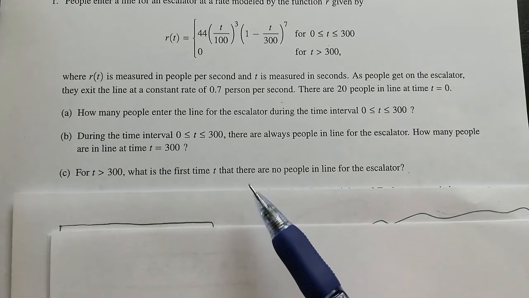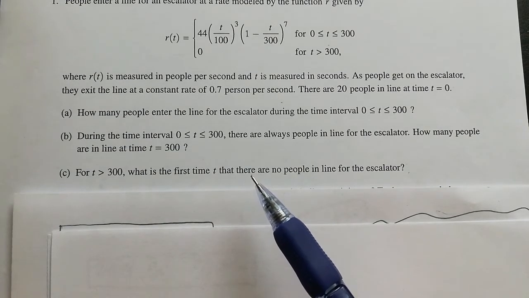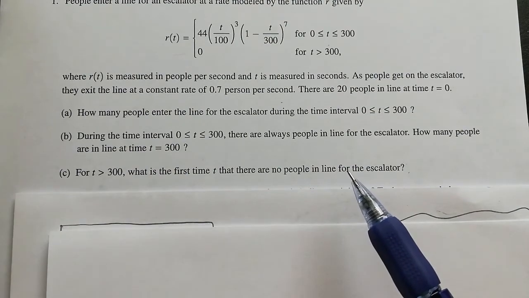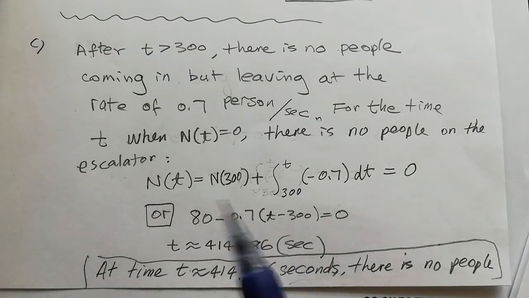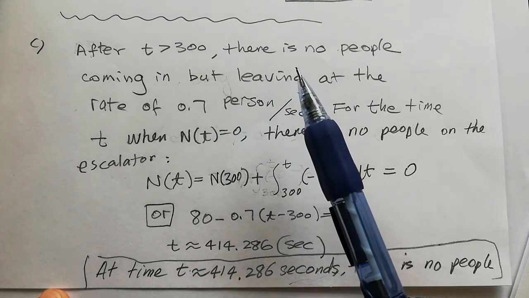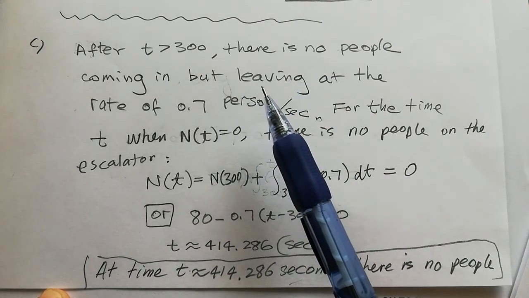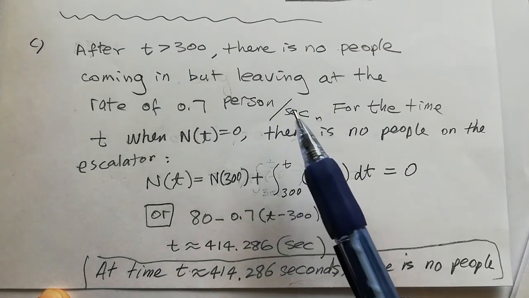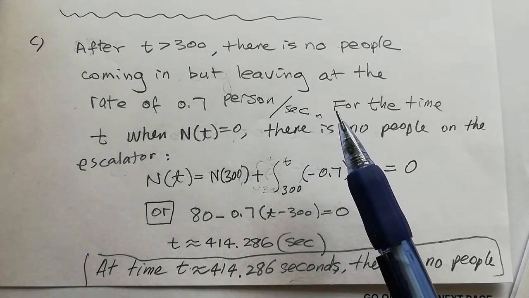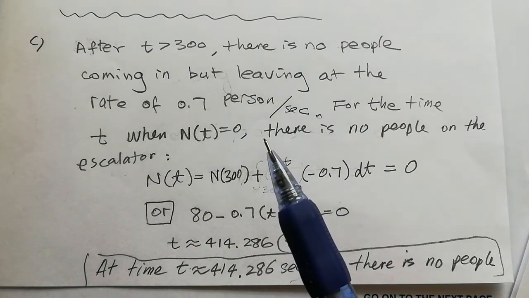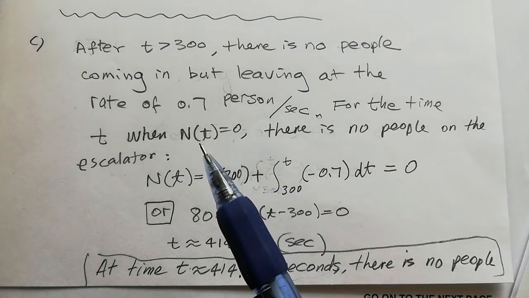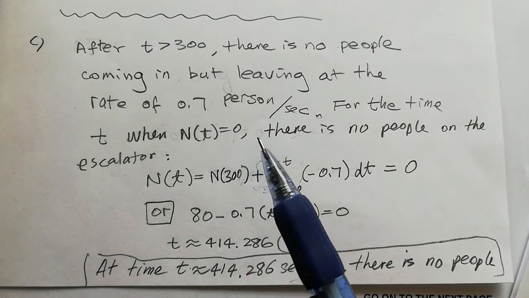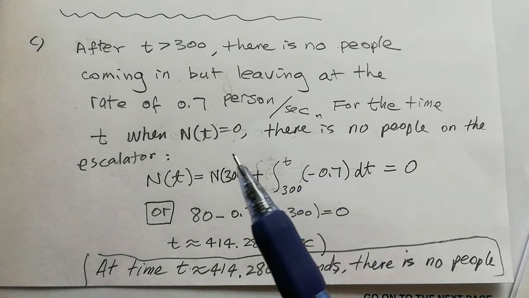The third question is, at what time, the first time, is there no people in line for the escalator? After t greater than 300, there's no people coming in, but only people who leave at the rate of 0.7 person per second. We try to find the time t such that N of t equal to 0. That means at that time, there's no people on the escalator.